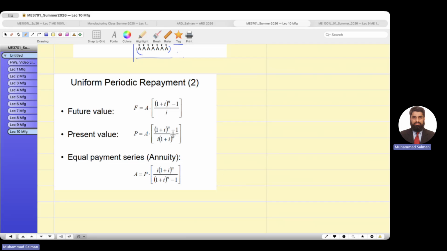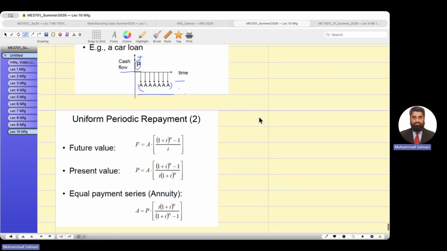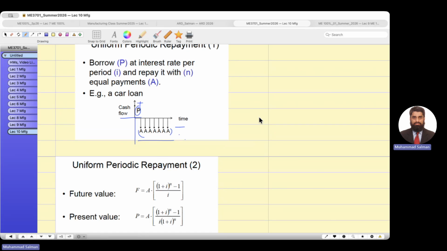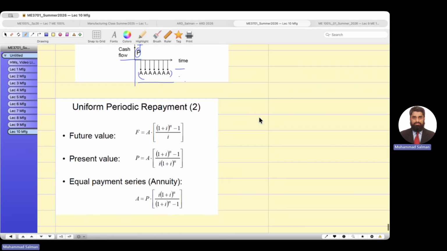Future value, if you are interested in periodic equal amounts of payments. Suppose this is an annual payment, then you will keep this n as the number of years.